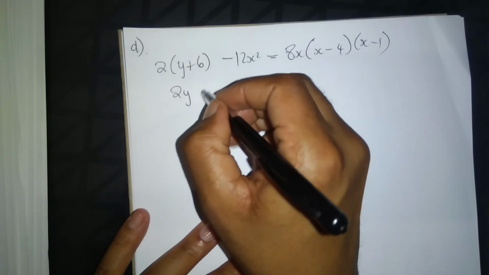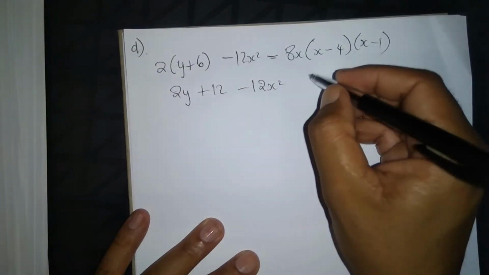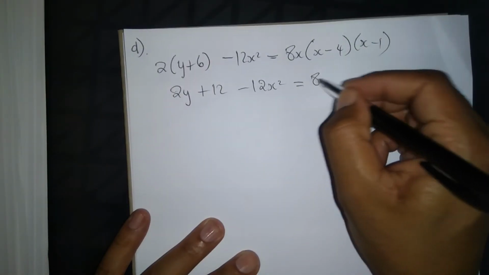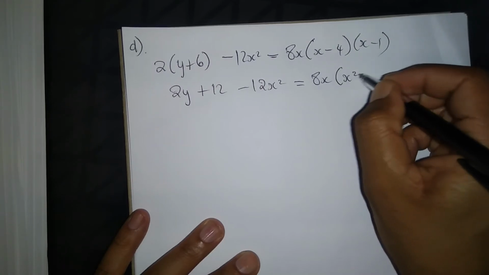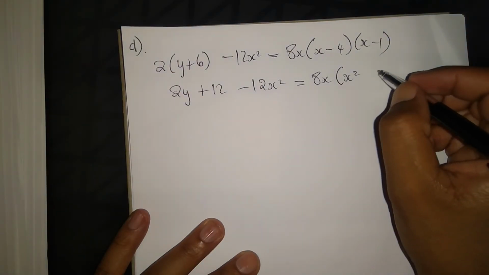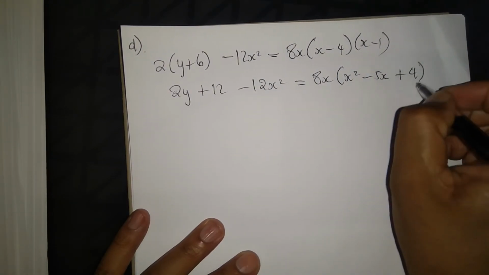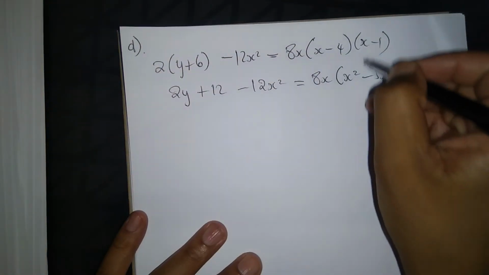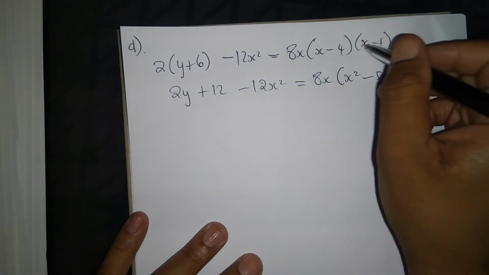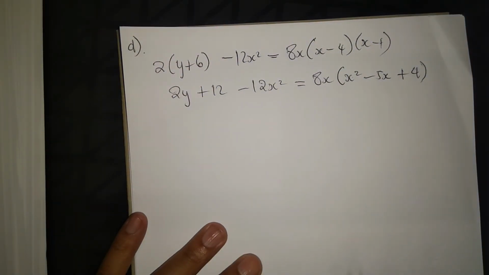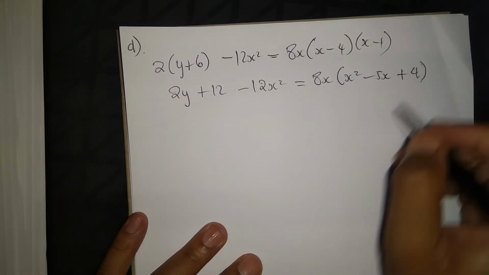So it's 2y plus 12 minus 12x squared equal to 8x. We need to multiply the two brackets, it gives x squared minus 5x plus 4, right? X times x squared, this one times that one, this one times that one, it's minus 4 minus 1 is minus 5x, and minus 4 times minus 1 is positive 4.